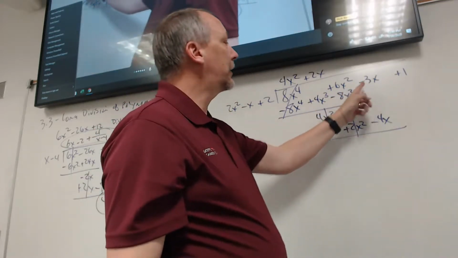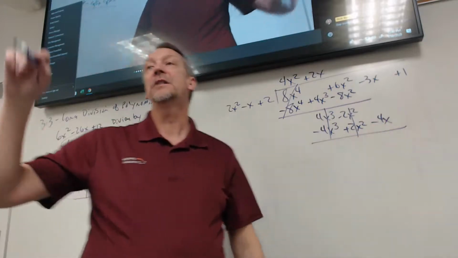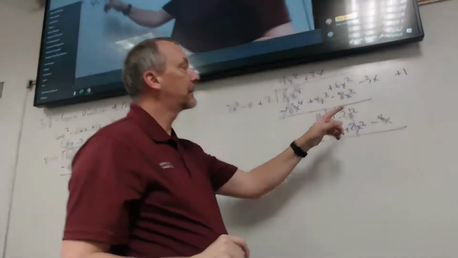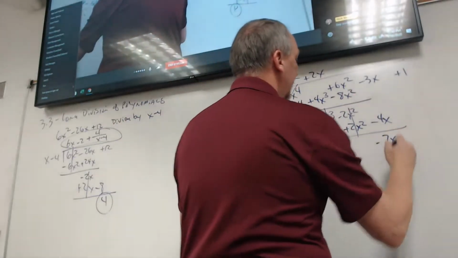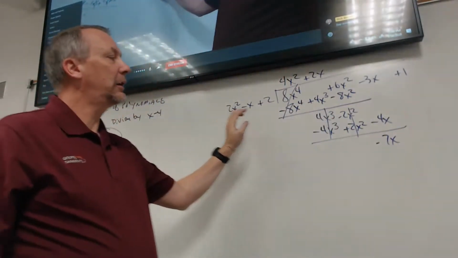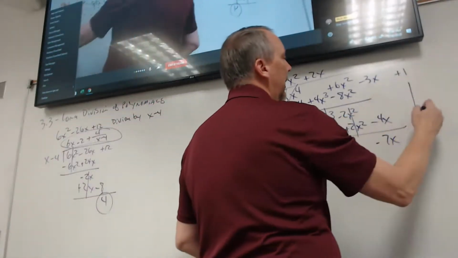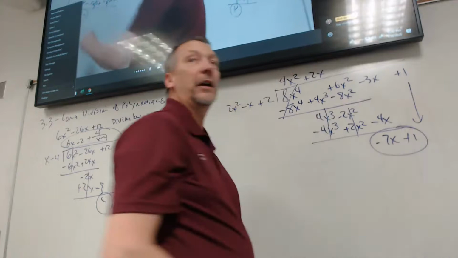I've got negative 3x minus 4x is what, James? Negative 7x. Does 2x squared go into negative 7x? No. So I'll bring the 1 down. That's my remainder. And how do I write that?